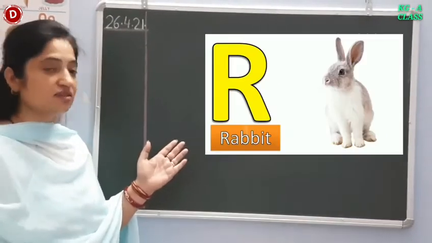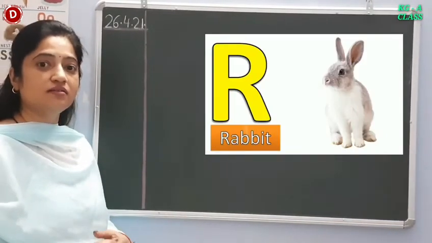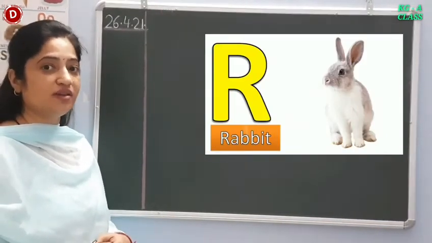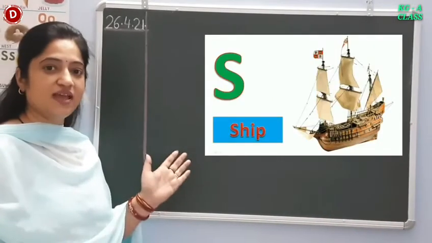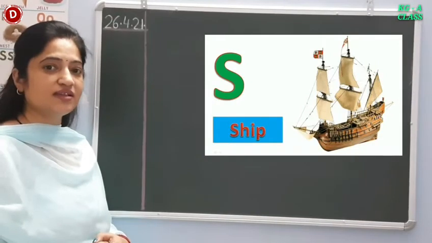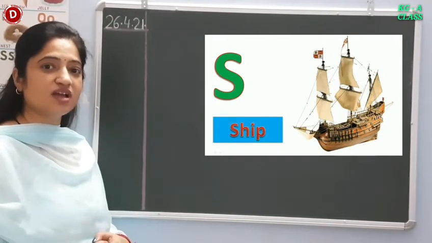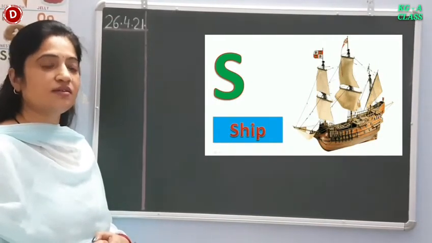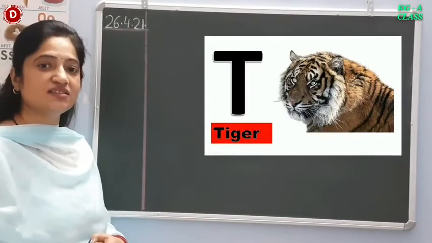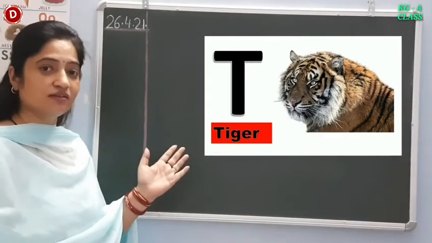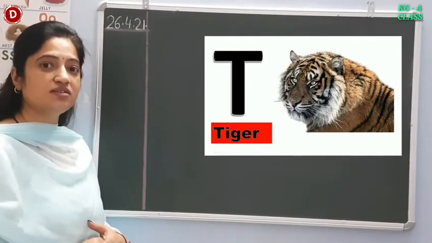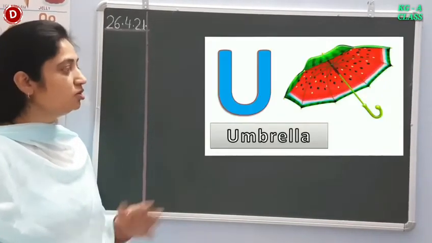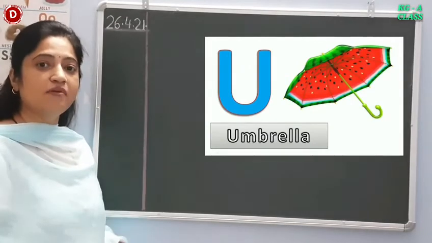Children, this is R, and R says R. R for rabbit. This is S. S says S. S for ship. Now comes T. T says T. T for tiger. Look here children, this is a tiger. U says U as in umbrella.